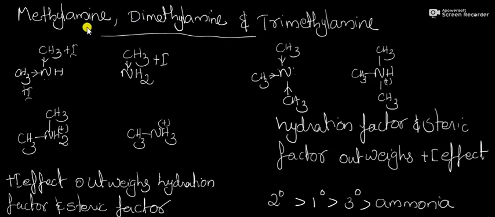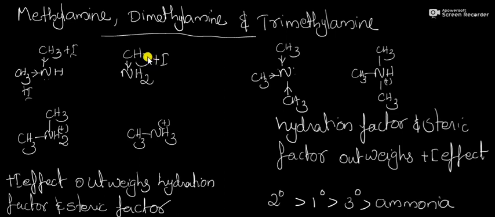Let us discuss the basicity of methylamine, dimethylamine and trimethylamine. All the 3 amines are more basic than our ammonia due to the plus I effect of the methyl group. Plus I effect will increase the electron density on the nitrogen atom of the amine.